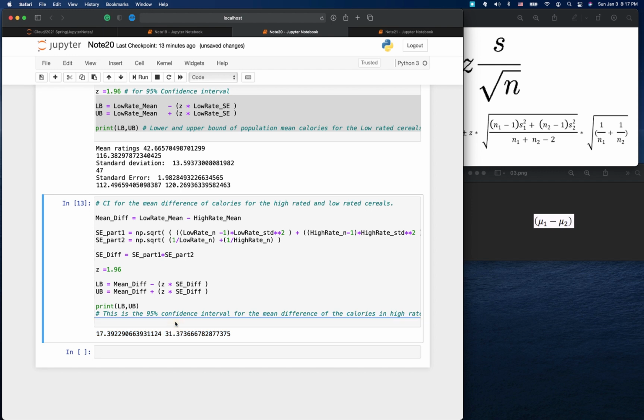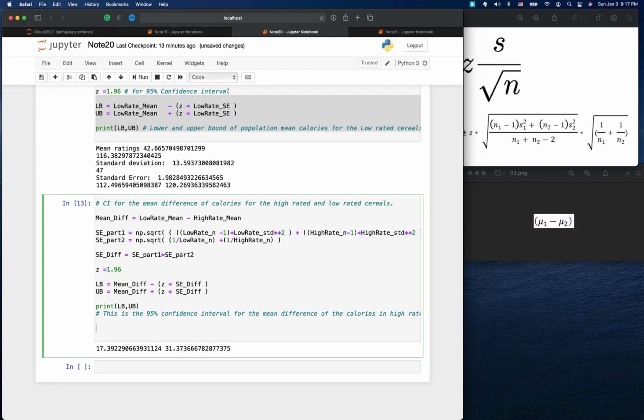But here the confidence interval doesn't contain 0. Therefore, the two groups, what are the two groups?